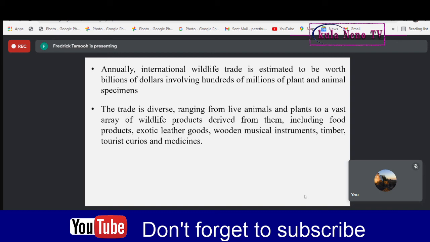The trade ranges from live animals to a vast array of wildlife products derived from them, including food products, exotic leather goods, wood, musical instruments, timber, tourist curios and medicine.